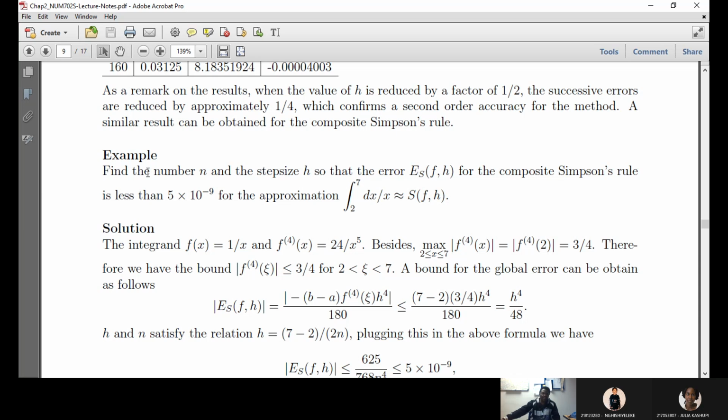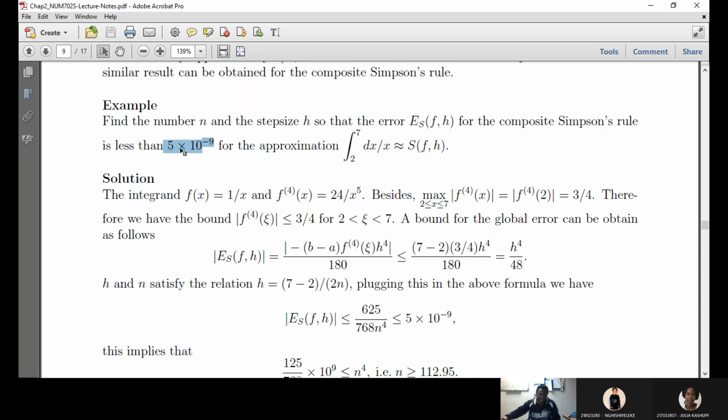Now, in order to find the value of n such that the error is less than this, I cannot apply this directly. It's important to understand this.